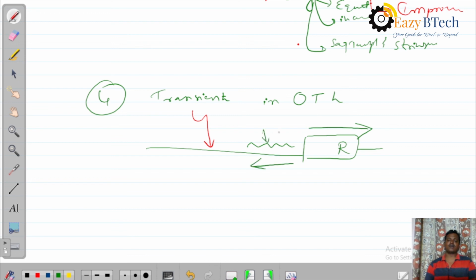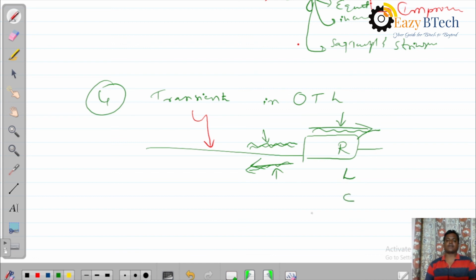This is the incident wave, this is the refracted wave, this is the reflected wave. Suppose it is a voltage wave, how much voltage is flowing through the resistance, how much voltage is reflected back. Suppose it is an inductor, how will it reflect or refract.